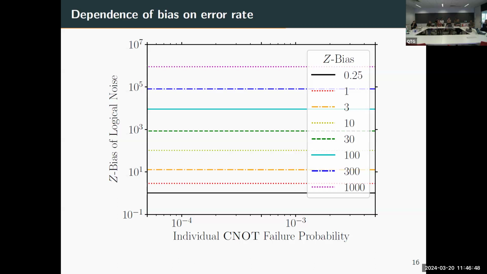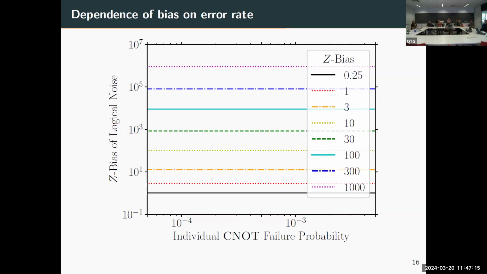What you see is, unlike the previous case, a much stronger connection between the physical bias and the logical bias here. And you can see that this doesn't change much with the failure rate, essentially because the distance of the Steane code is so low that the weight 2 terms contribute to the majority of the noise in these kinds of simulations.